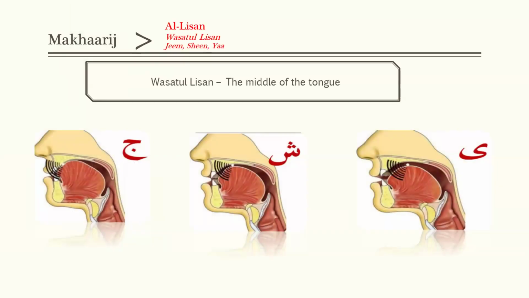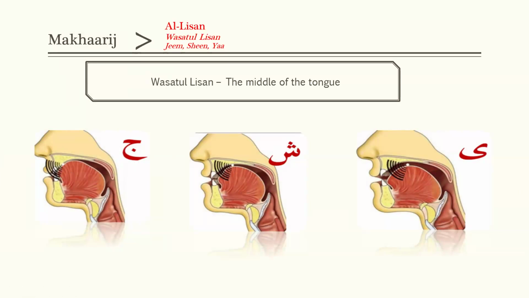Okay, here we go. We can see here Jim, Sheen, and a Ya. With Jim, it's just complete closure. Sheen, this is just a bit away, and there's more gap.